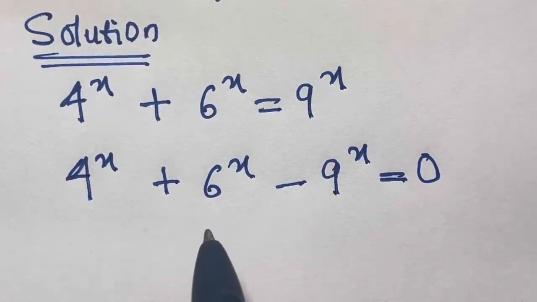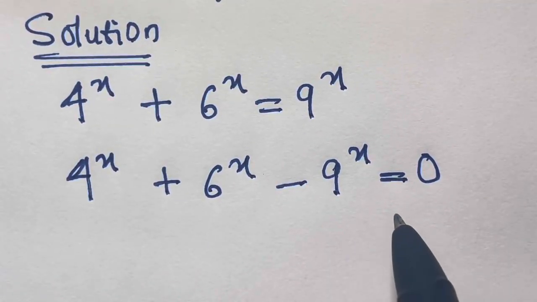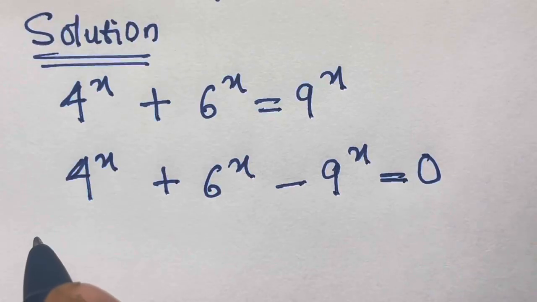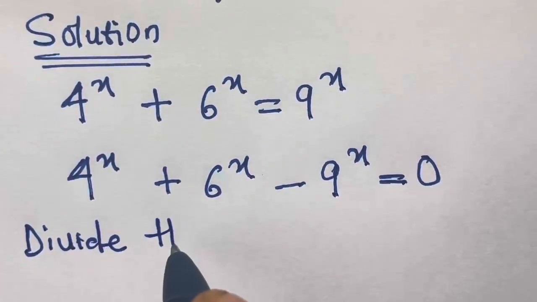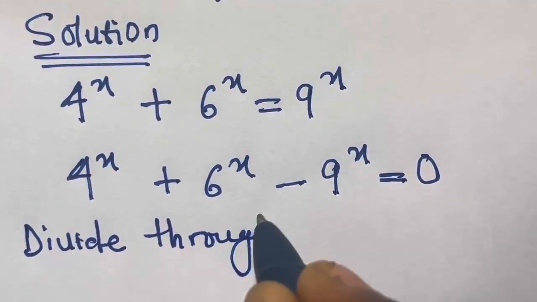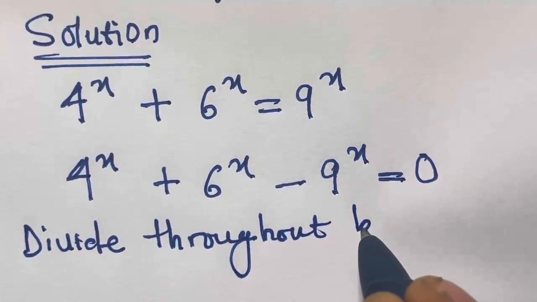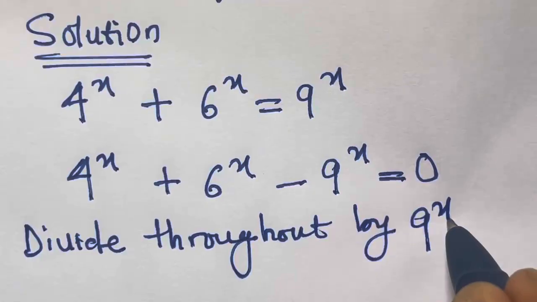Right? So from here, we divide throughout by 9^x.